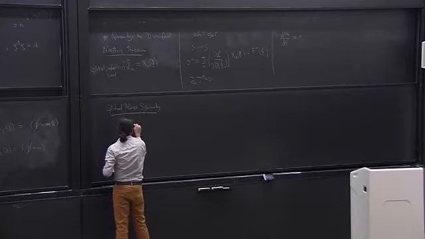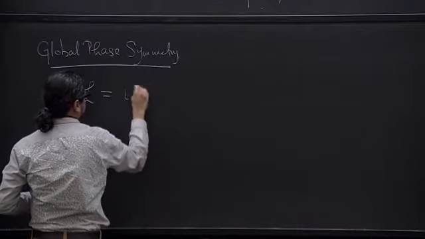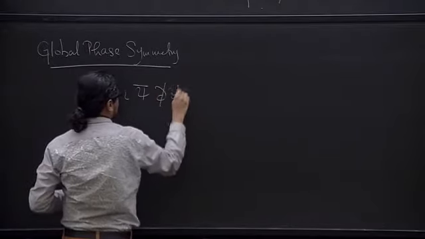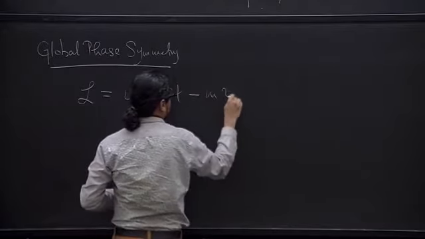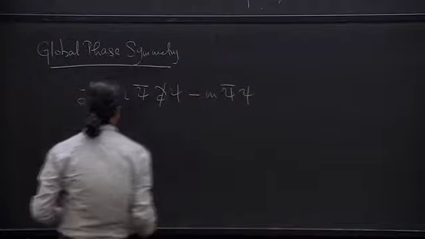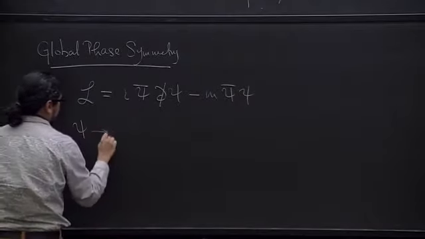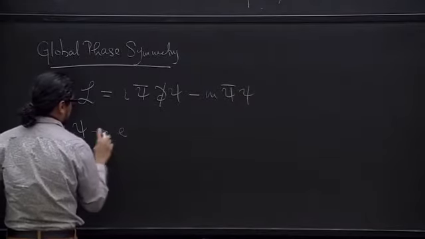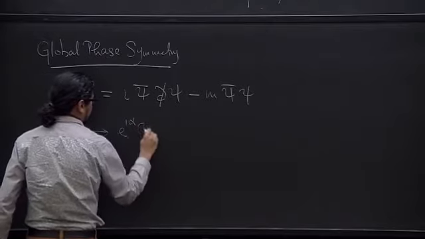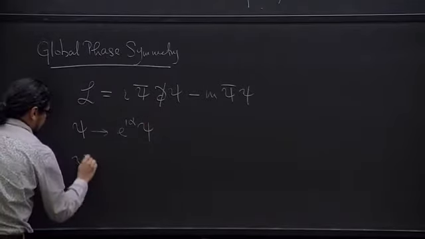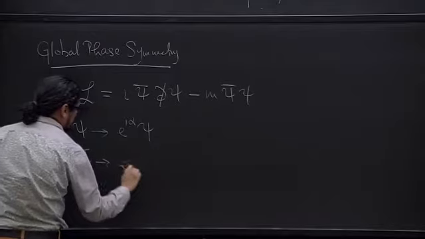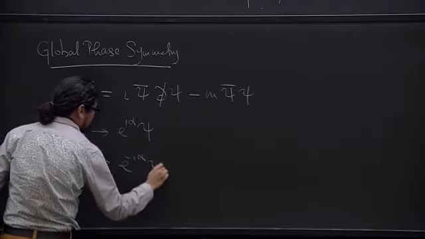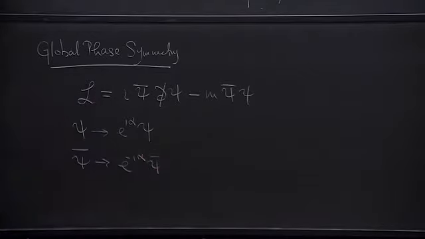So let me remind you of the Dirac Lagrangian. Then it should be obvious that psi going to e to the power i alpha times psi, and psi bar going to e to the power minus i alpha times psi bar, is a symmetry of this Lagrangian.